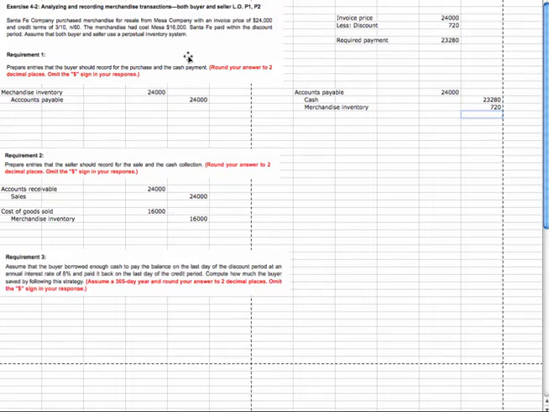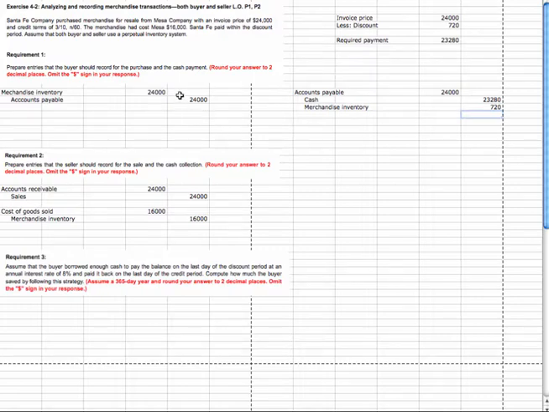But because we're using the perpetual inventory system, which means we need to recognize the movement of inventory from a cost standpoint as soon as that occurs, we need to reduce the merchandise inventory as soon as we make this payment to reflect that our cost of our inventory is not really $24,000, but really our inventory price is $23,280.